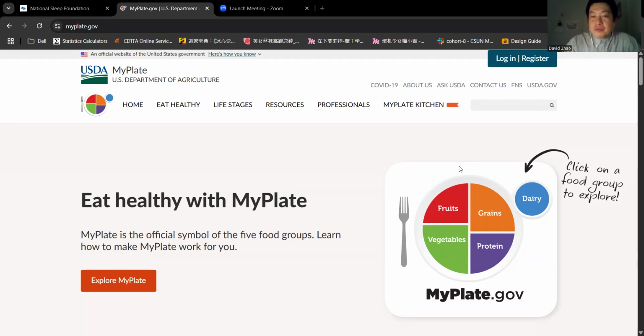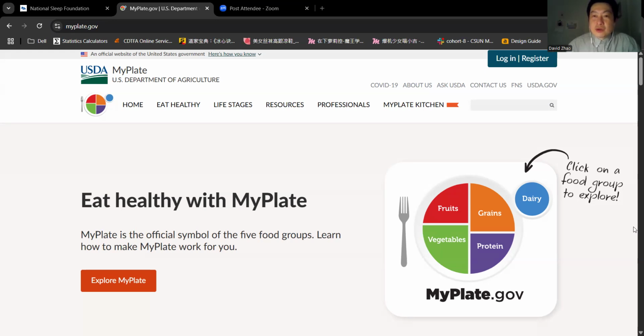As you can see from the chart on the right hand side, it shows the ideal portions of one's food consumption each day, every meal, in terms of categories such as fruits, vegetables, grains, proteins, and dairy. When you go onto this website, this is the first thing you would see.